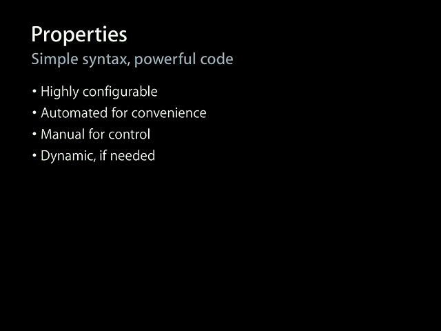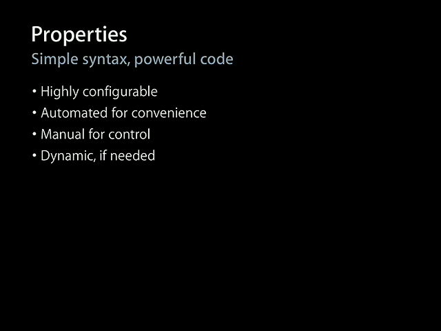So, properties. They are a simple syntax that has very powerful consequences. They are highly configurable. They just work out of the box, but you have a lot of control over the configuration of them. They can be automatic for convenience, which we'll show in a second. However, you can manually implement for very tight control in the cases where you need it.